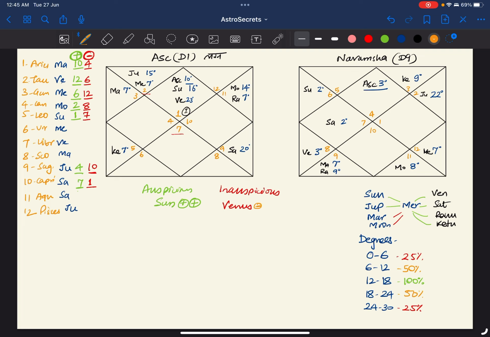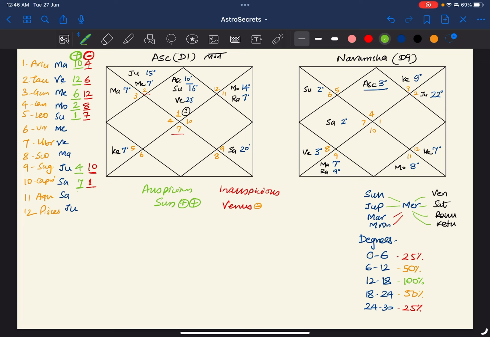Next, we have Jupiter. Jupiter is in the second house. Right now it is in the second house, and the sign is of Venus, right?